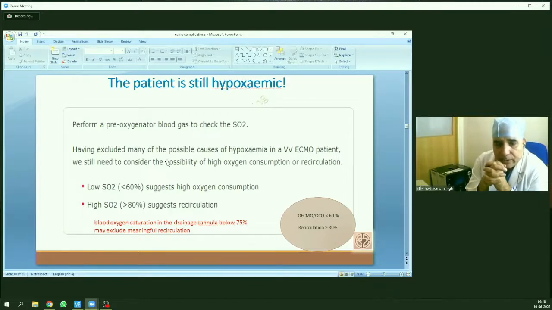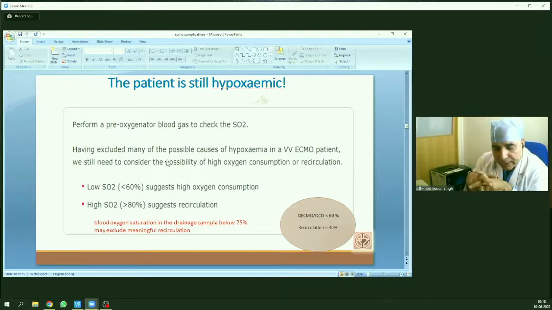And why does this recirculation occur? Because the oxygenated blood going in the perfusion or supply cannula is getting sucked out by the drainage cannula, and again there is recirculation of the oxygenated blood. Sorry, it occurs because of the positioning. The most common cause is the positioning of the cannula.